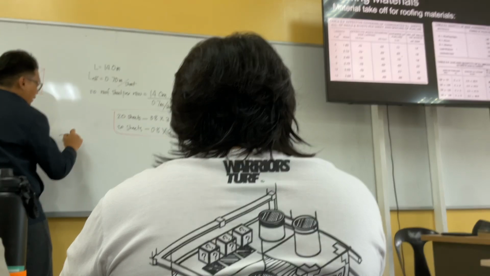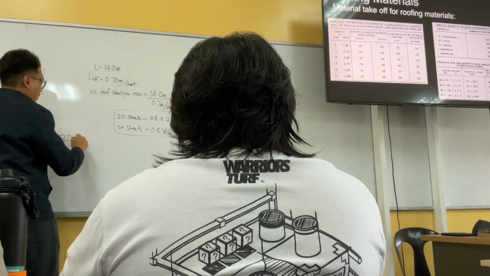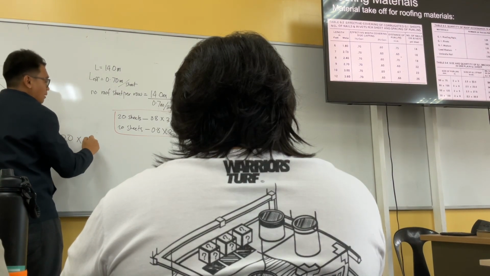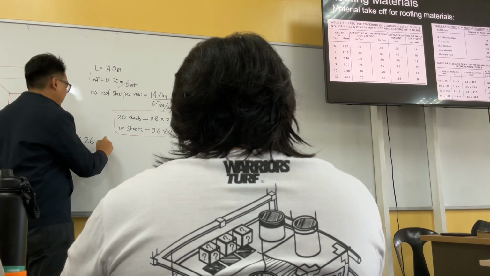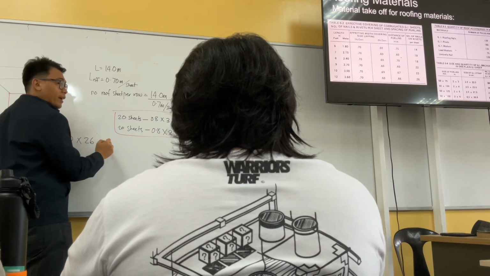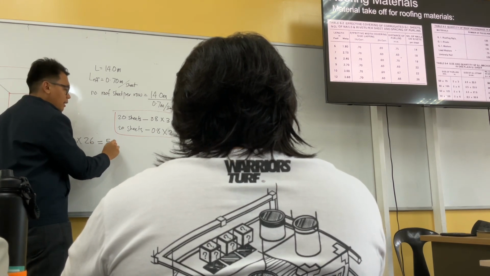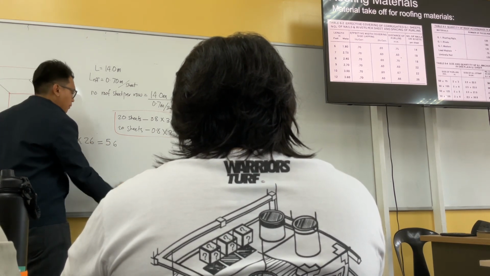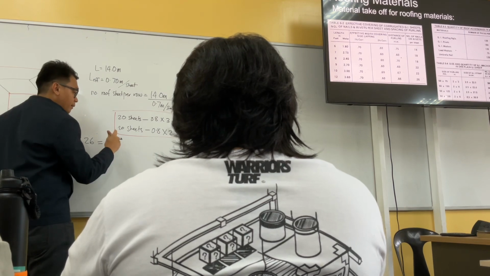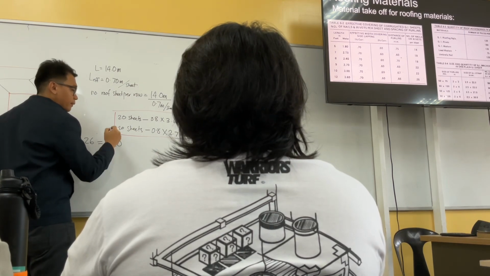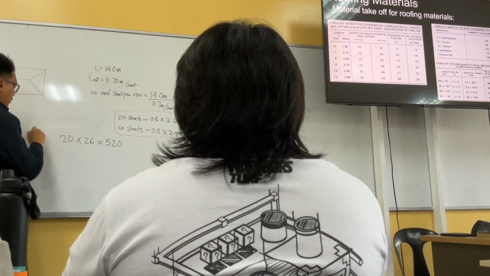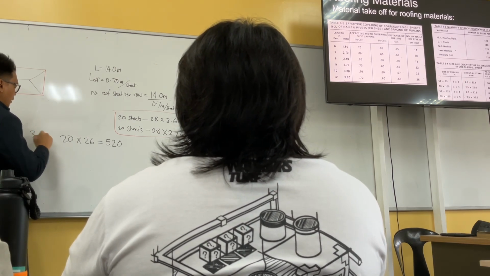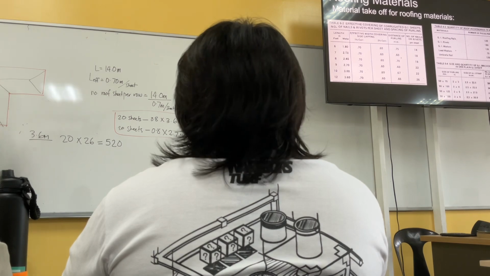20 sheets times 26 nails per sheet gives 520 nails. This is only for the 3.6 length.